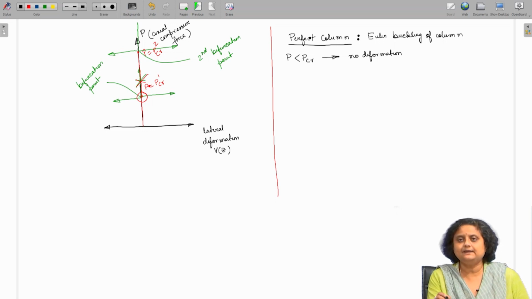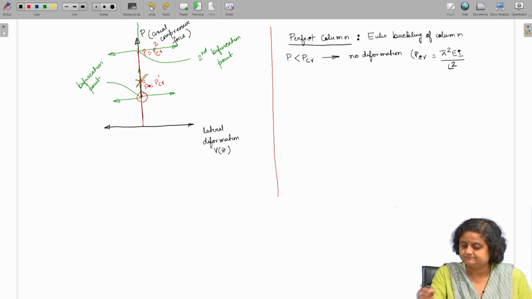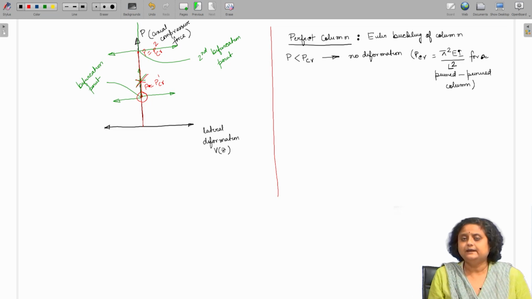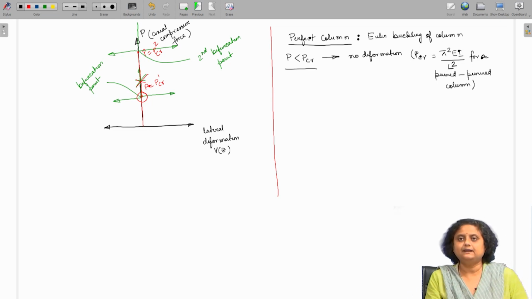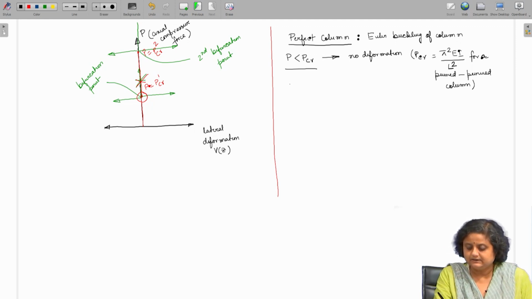Now, till P is less than P critical, where P critical is pi square E I by L square for a pin-pin column, I have no worry. So, there is not going to be any deformation.